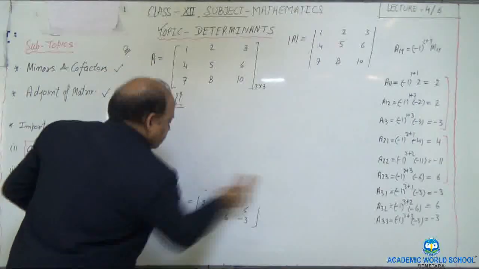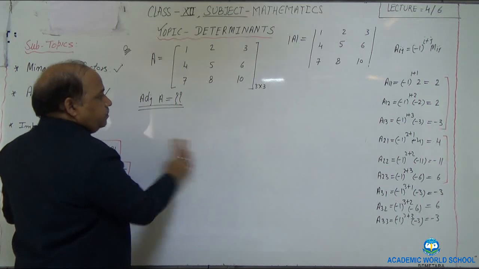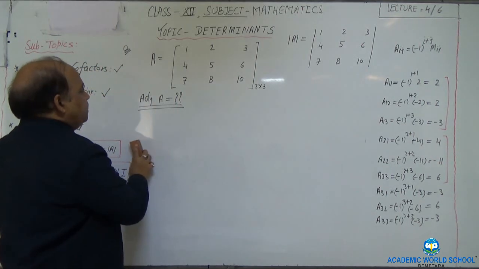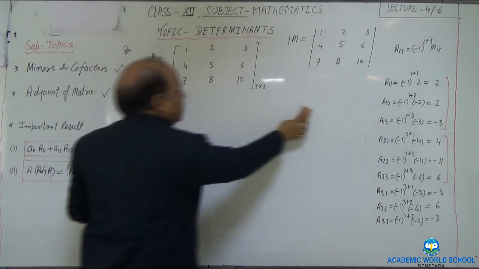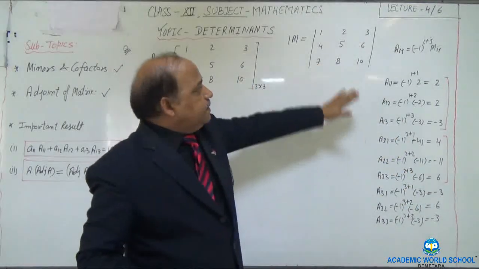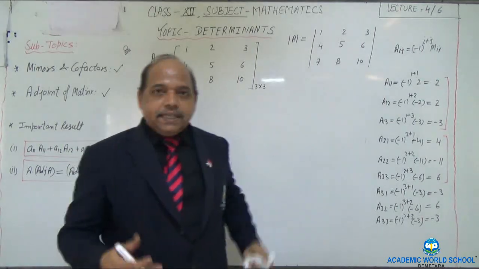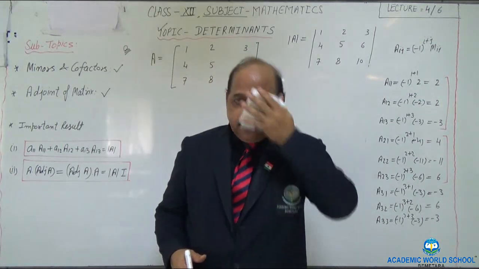So there are many properties, students, remember that. And again, I am not erasing this part, because I am going to use it once again. You will see how important is this concept.